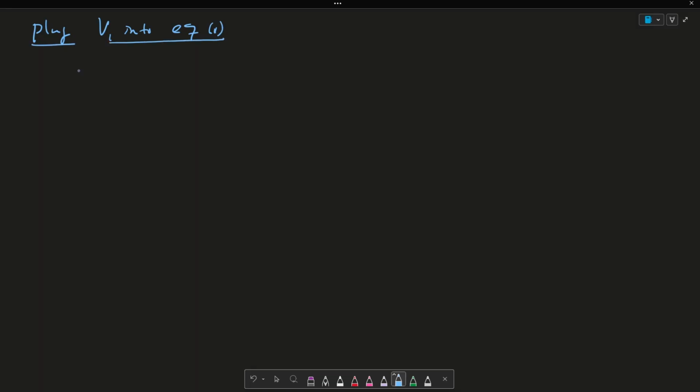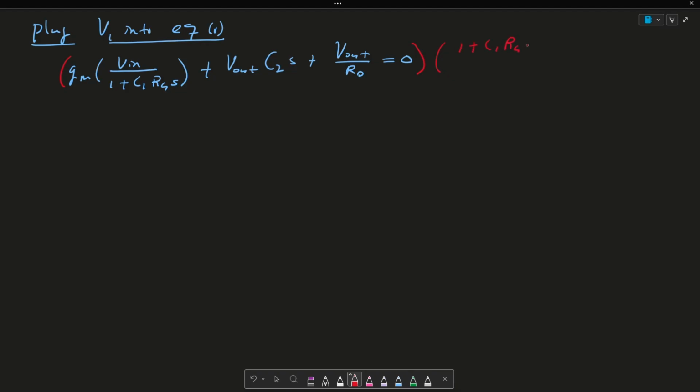What I'm going to get is GM V in over 1 plus C1 RG times S plus V out C2S plus V out over RD has to equate to 0. What I'll do is I'll multiply both sides by (1 plus C1 RGS) over GM.